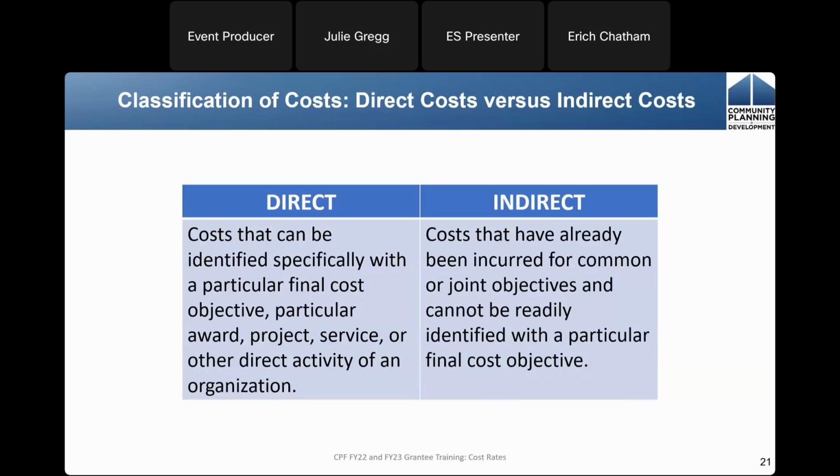So you can attribute time and expenses specifically to the outcome of this federal award. On the indirect side, indirect costs are incurred by your organization for common activities or joint objectives, and therefore those expenses cannot be readily identified or attributed to just a particular final cost objective, or in this case, a particular project. Next slide, please.